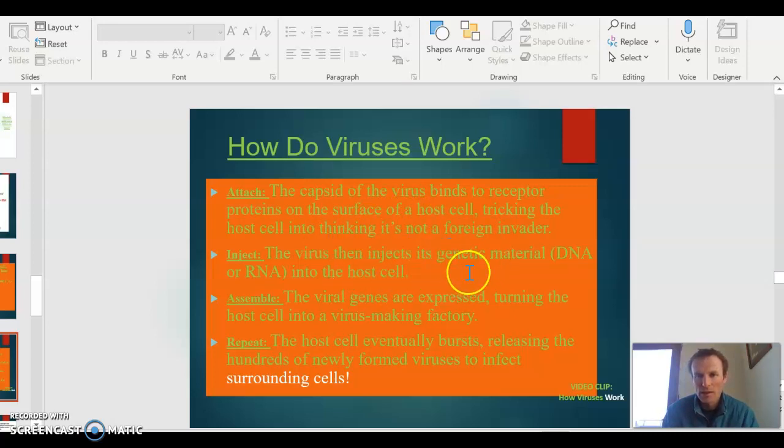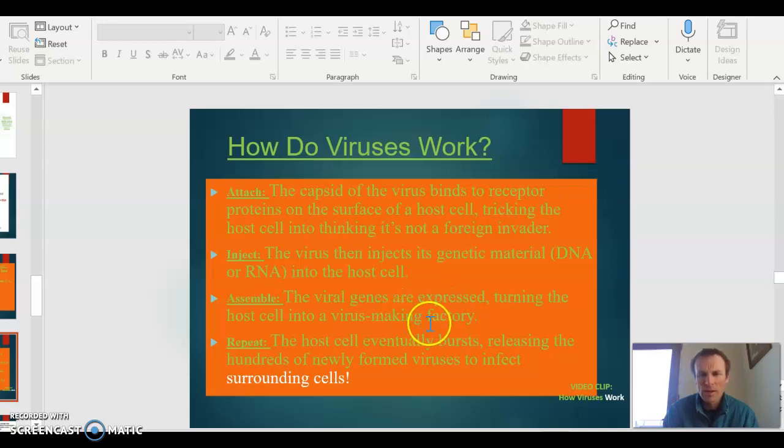Then the virus injects its genetic material into the host cell. The viral genes are expressed and run through the ribosomes of the host cell, which are the protein factories, and the genes of the virus are then incorporated into the host cell genes.